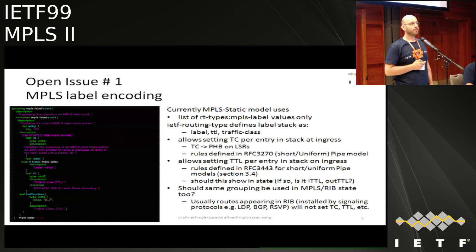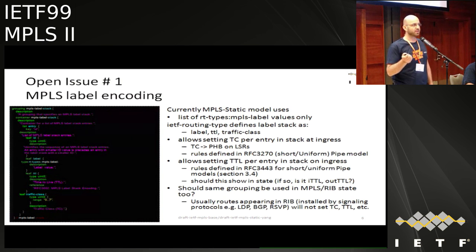Lou Berger, clarifying question. Is TC included or excluded right now? Right now in the static model at configuration time, we're not allowing TC. What if you're trying to configure an SR stack? Wouldn't you want to have TC there? Probably for every segment you want to allow specifying different or same traffic class. So it's favorable. Maybe it's applicable for TC, but do we want to allow it for TTL as well?